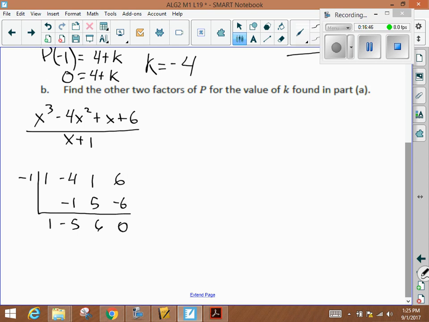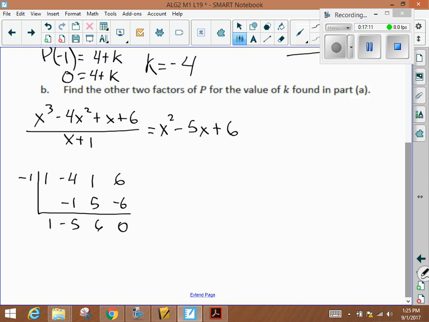That's fantastic, right? If x plus 1 is a factor of my p of x, then I should have a remainder of 0, which I do, which is fantastic. So I know that this is equal to x squared minus 5x plus 6, okay?